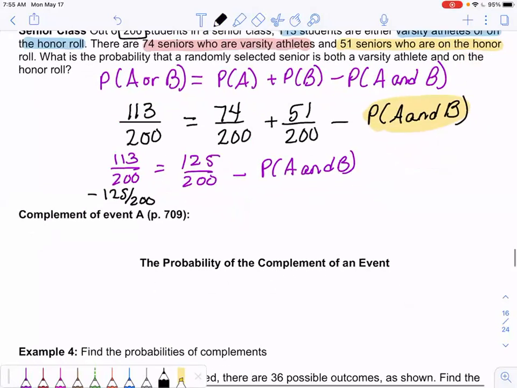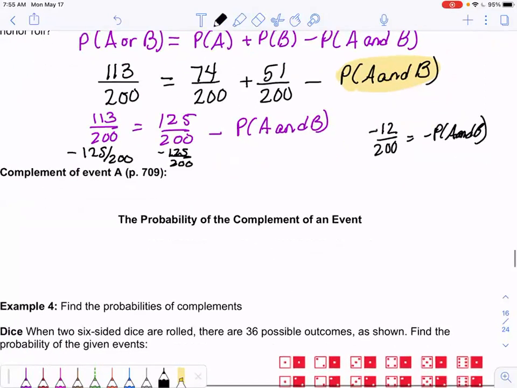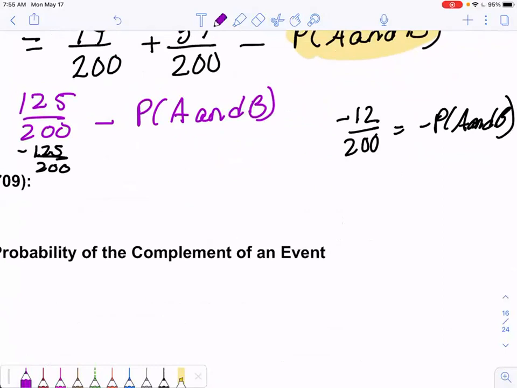And when you subtract that over to the other side, you end up with, and because they're both negative, 12 out of 200 students are both on the honor roll and are also varsity athletes.